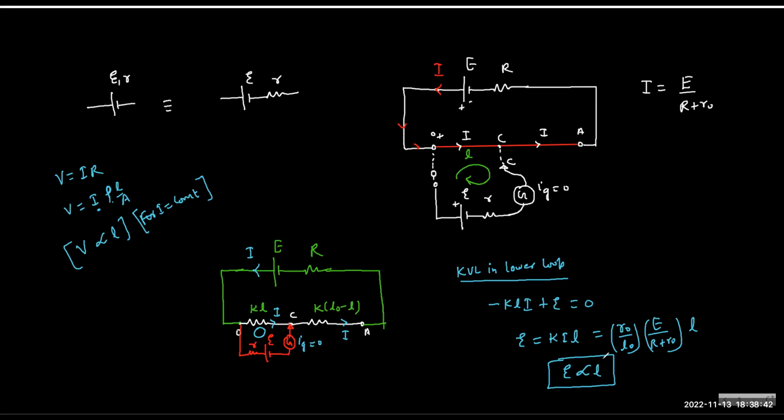So let's say instead of this cell, if I bring another cell of value greater than this value, so my null point will be right of C or left of C? My new null point. Tell me.